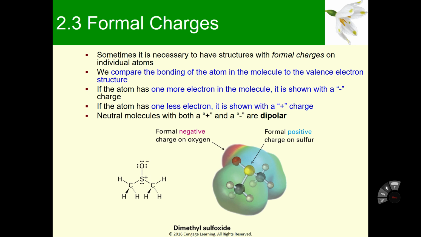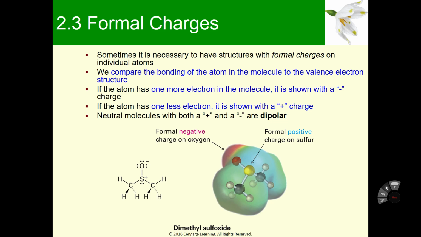If they are short of electrons compared to the neutral atom, then it will have a positive charge. If the atom has more electrons than it had in the neutral species, then it will carry a negative charge.